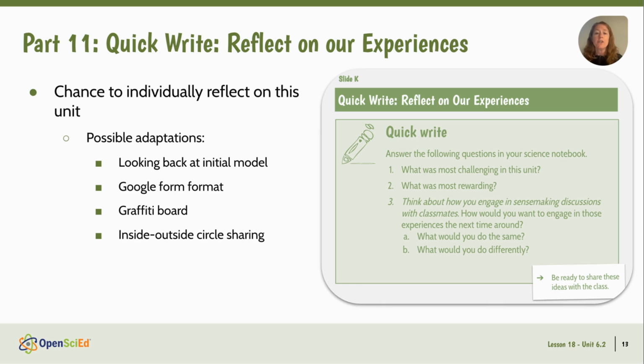Whatever works best for your class and your specific students is great. What's important here is giving the students the chance to think back on their process and their progress and their growth throughout this unit.